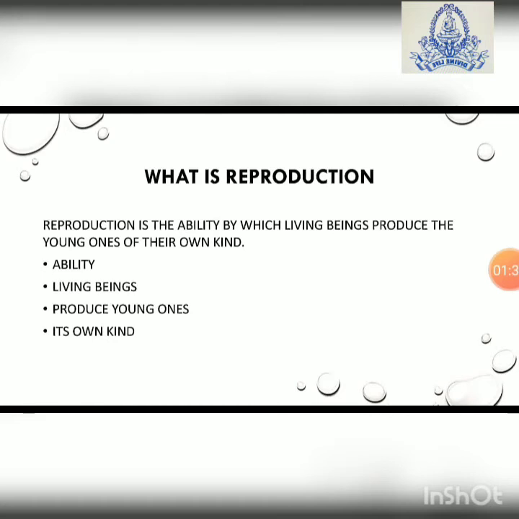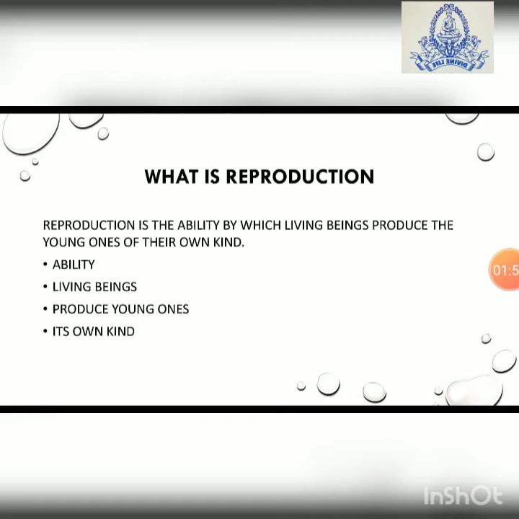Third thing, produce young ones. Reproduction system must be carried out when the young ones are produced by the mothers. Suppose it's a dog mother, it produces puppies, right?